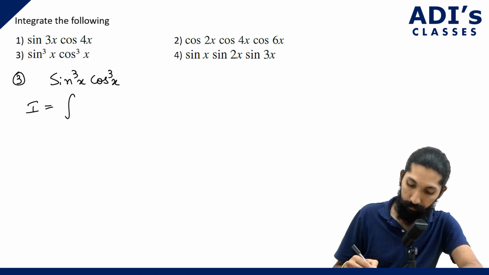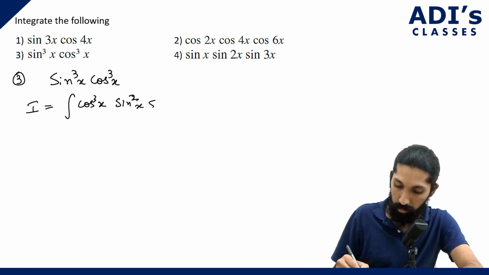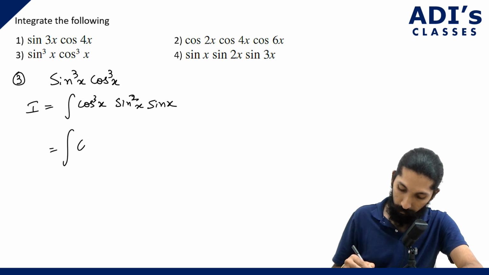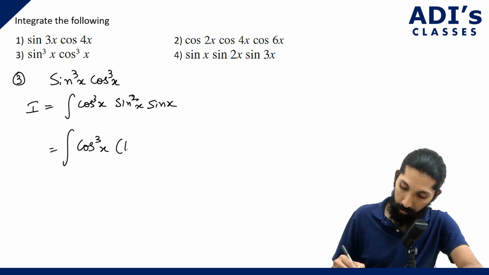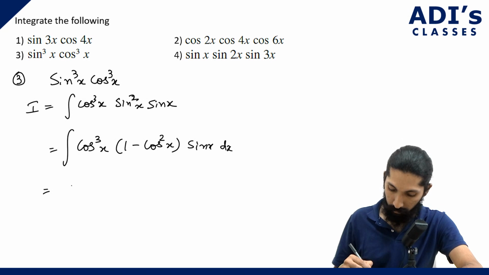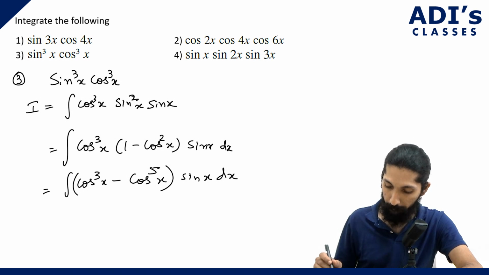integral of cos cube x sin square x into sin x. Right? You have integral of cos cube x into 1 minus cos square x into sin x. Right? Now multiply: cos cube x minus cos power 5x sin x dx.